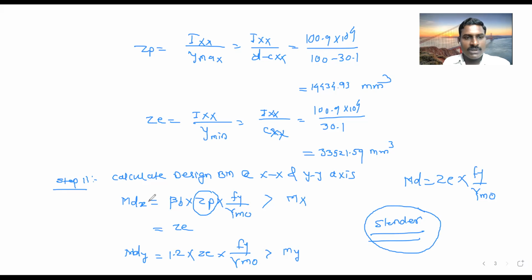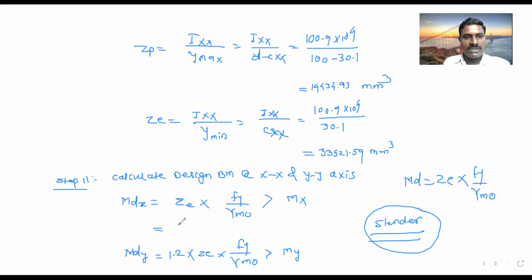It means for MDX or MDY we have to use the ZD value, not the ZP value. So see, I will erase this. So here you can use ZD into Fy.